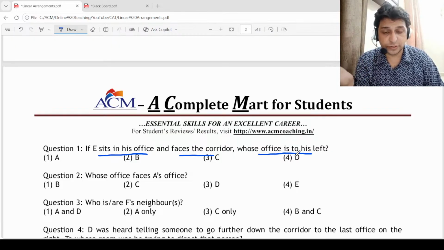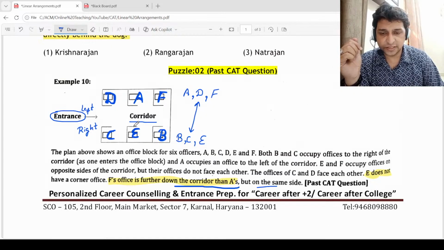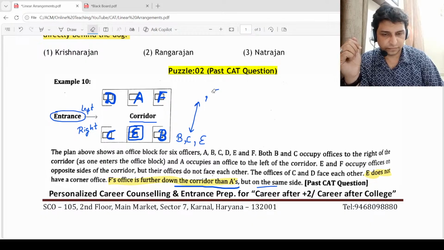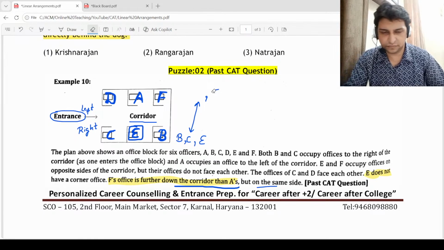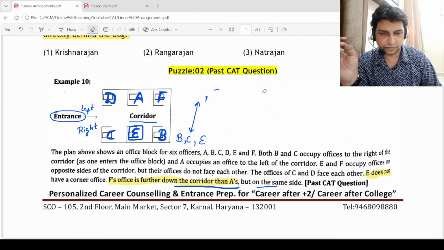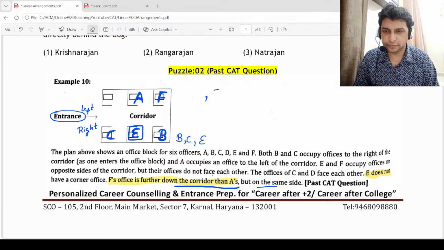So E is in his office, and he is facing the corridor.